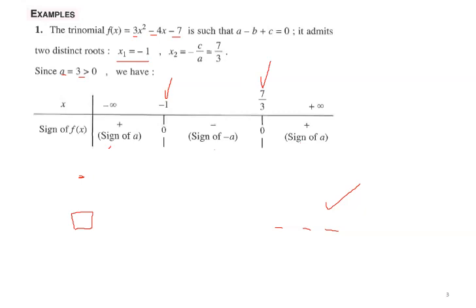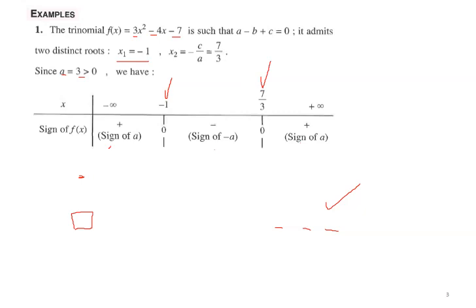In this case, the first root is x1 equals minus 1, and x2 equals minus c over a, which is 7 over 3. So we have two roots. We put the roots on the table, minus 1 and 7 over 3. a is positive, so same, opposite, same: plus, minus, plus.